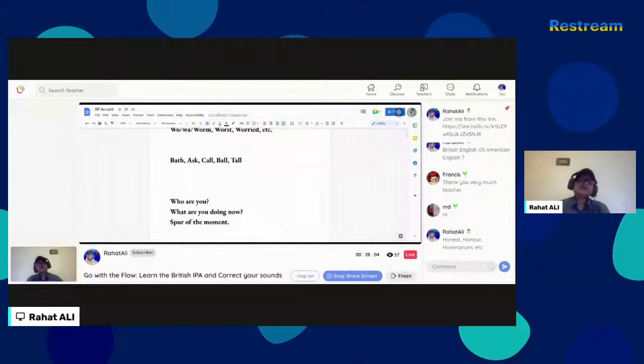Look at this. After R, there is a vowel sound, and according to the British IPA rules, generally we do not pronounce R in this case.